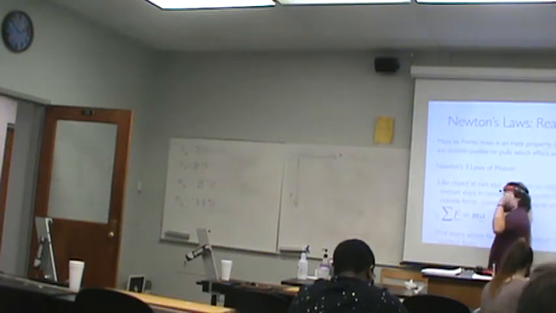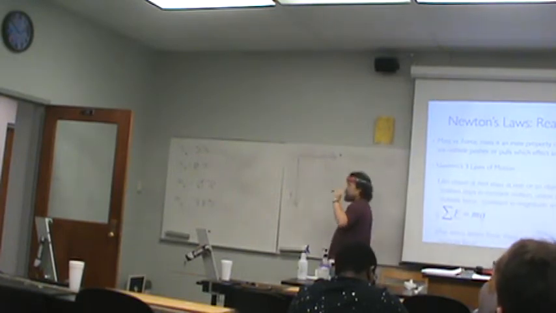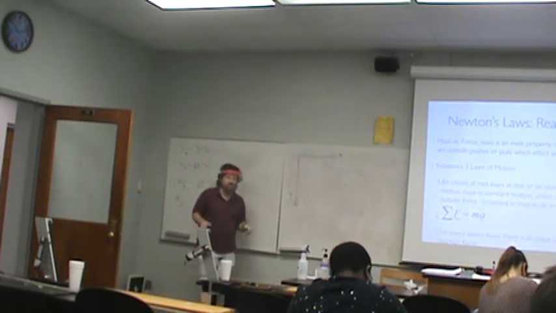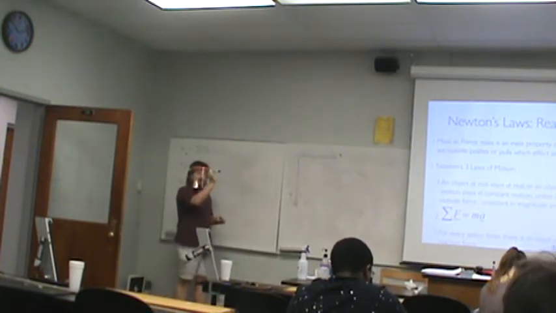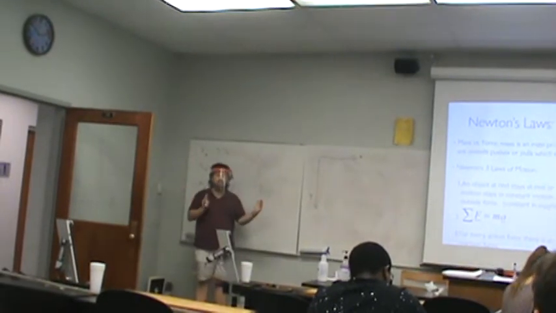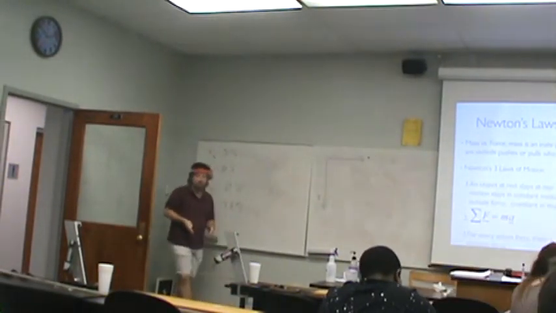If I throw this marker sideways, if we ignore air resistance, and we're going to for the duration of this class, there's no force acting on it in the horizontal axis. Gravity only points down.